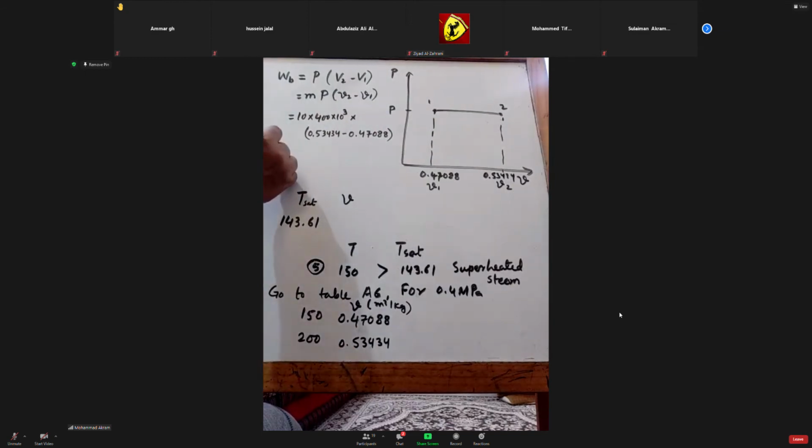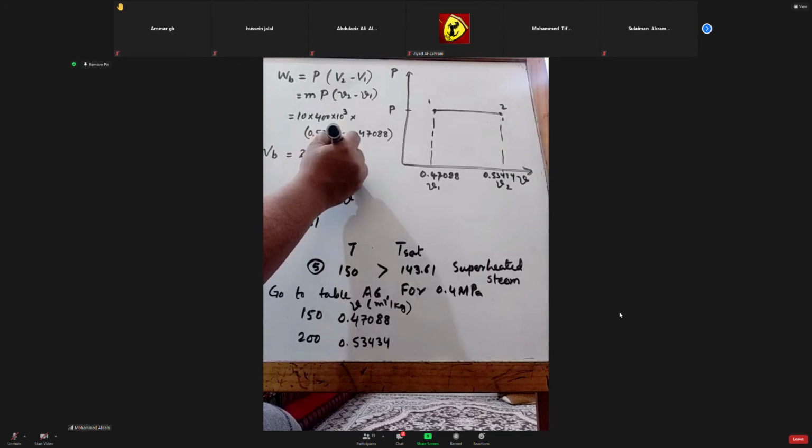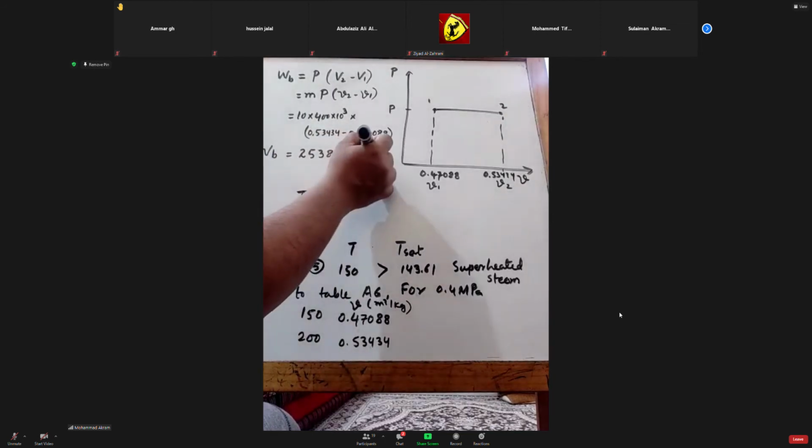So how much is the work coming in this case? 253,840. This is in joules.